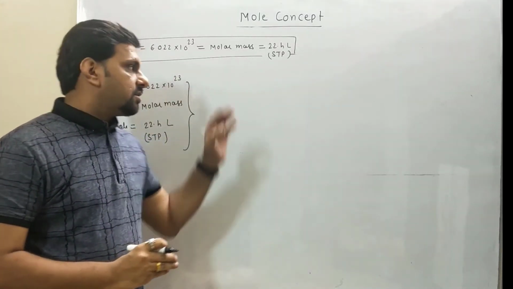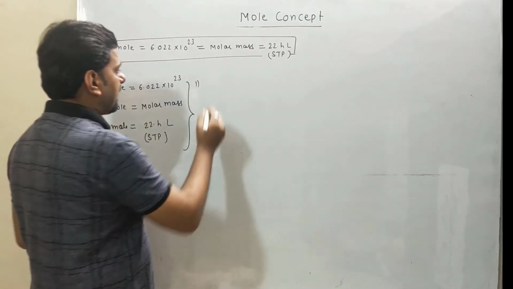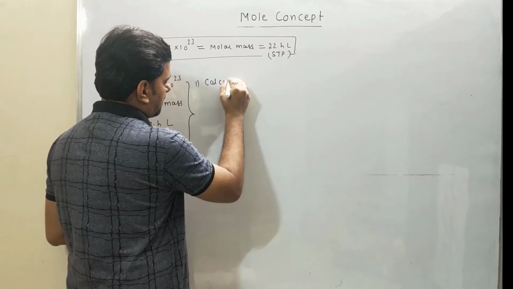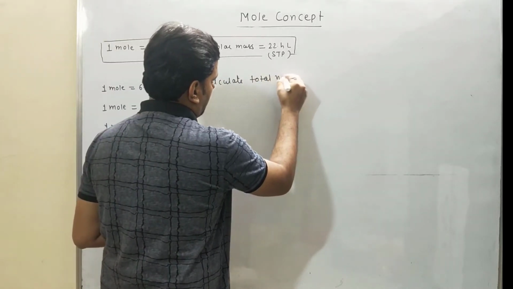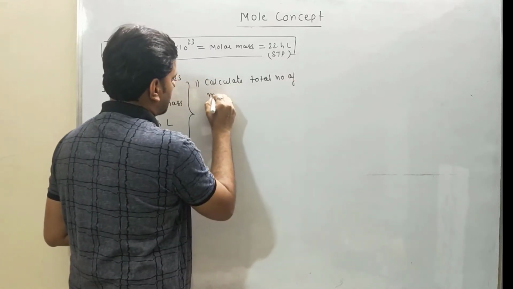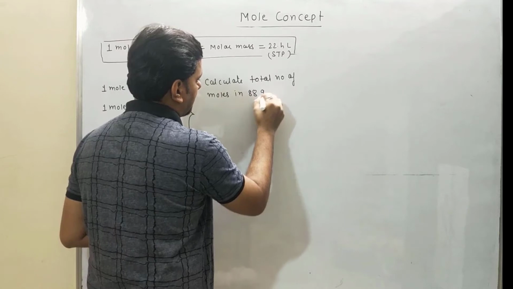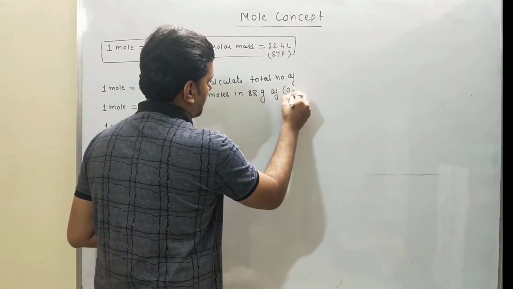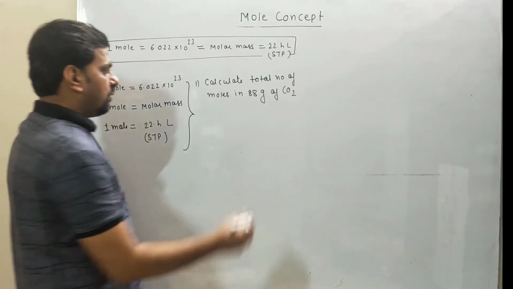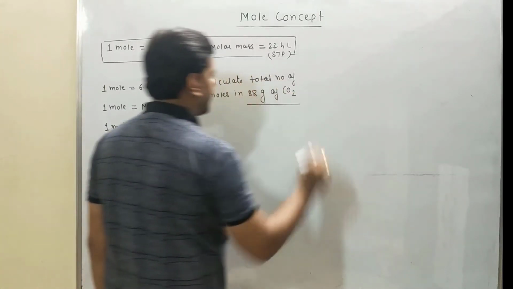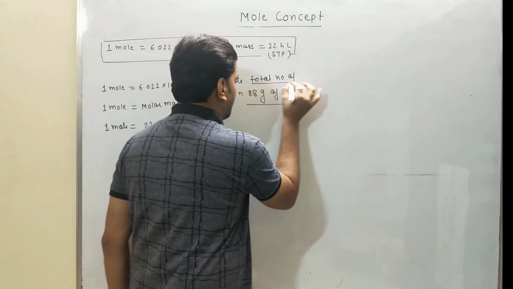Okay? So, let's consider this example. Calculate total number of moles in 88 gram of CO2. Okay, so what they have given? They have given 88 gram of CO2. What to find? Total number of moles.